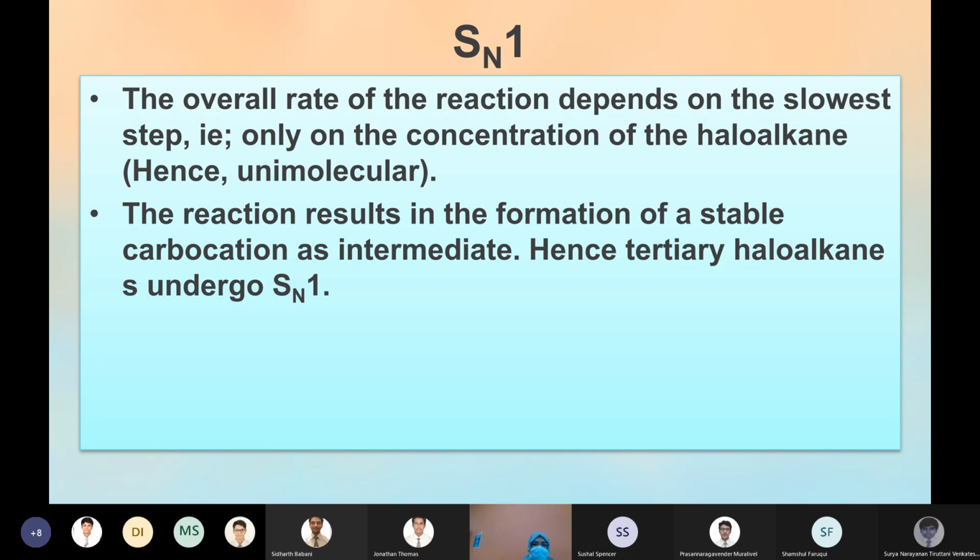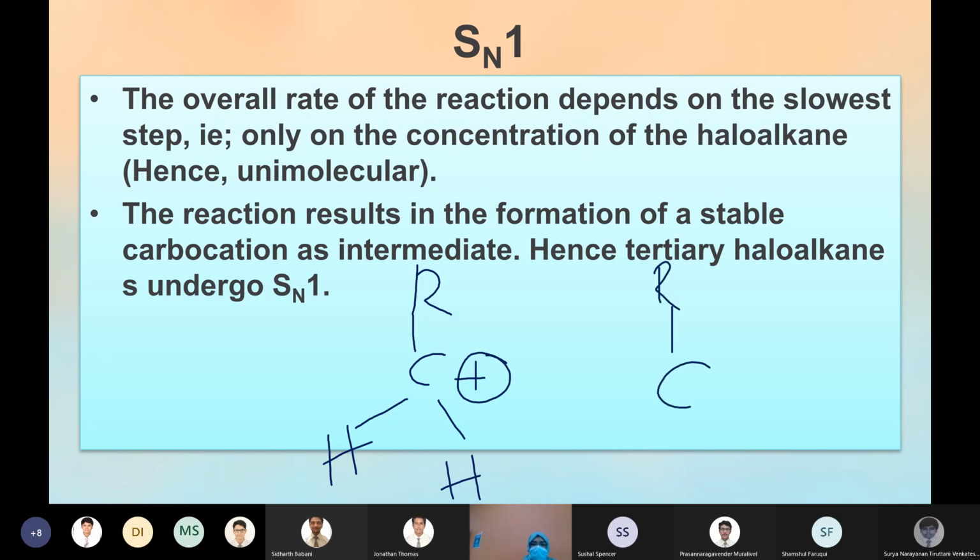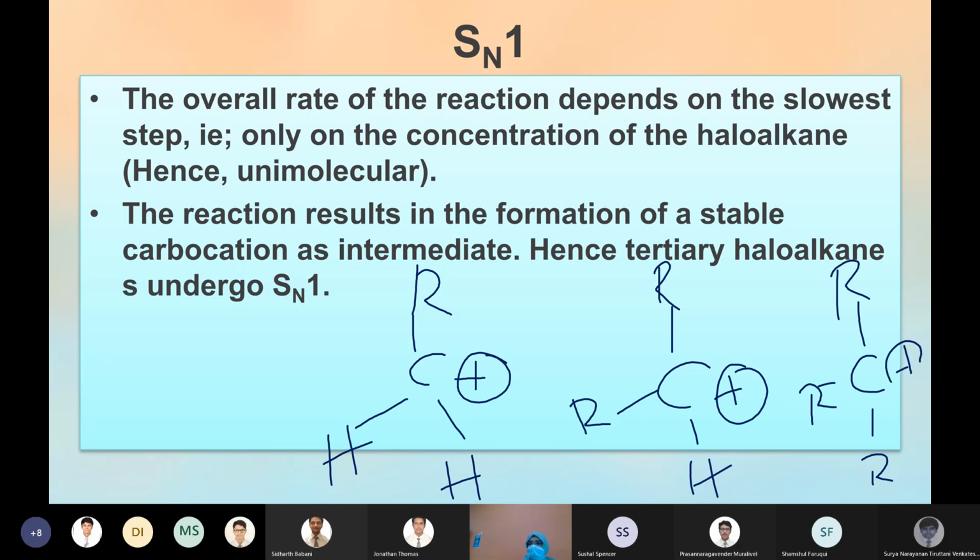Say for example, if you have primary, this is the primary carbocation, secondary carbocation, and tertiary carbocation. So it is happening in this reaction.